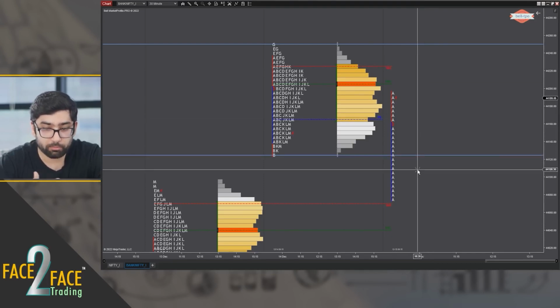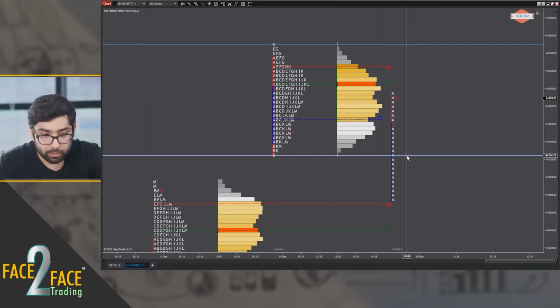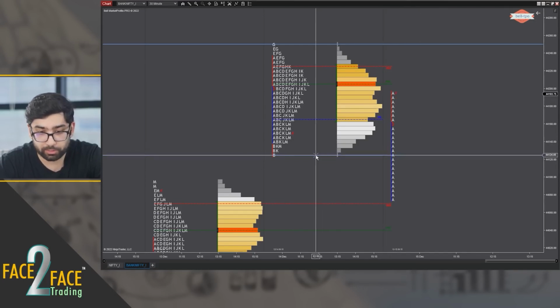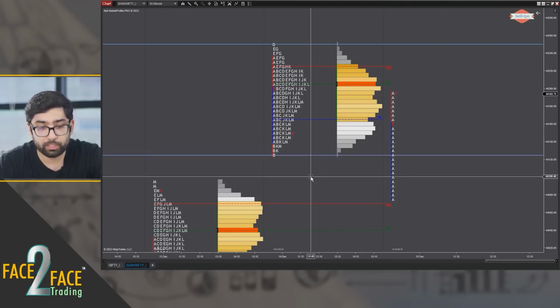Now this is where market profile as a tool helps you in risk management as well. अब जैसे कि मैंने यहाँ पे previous day low पे एक horizontal line बनाई थी, that becomes a very important reference for today. Why?